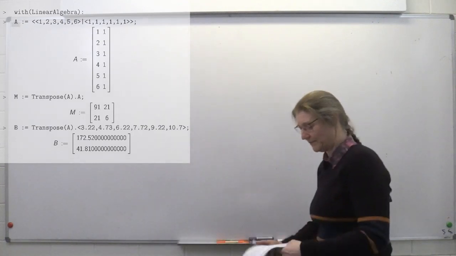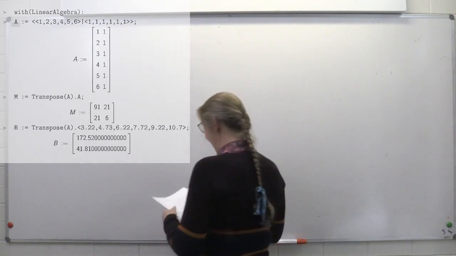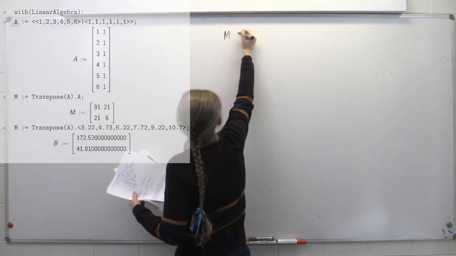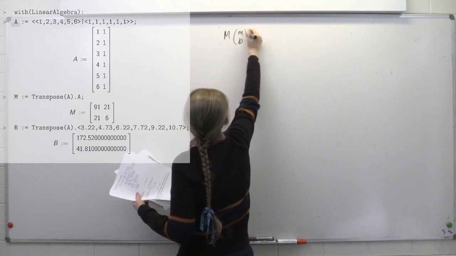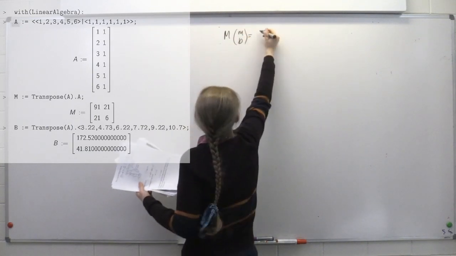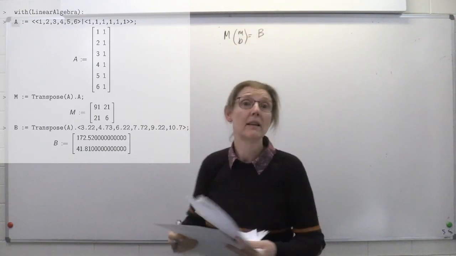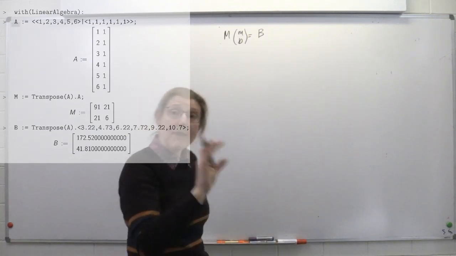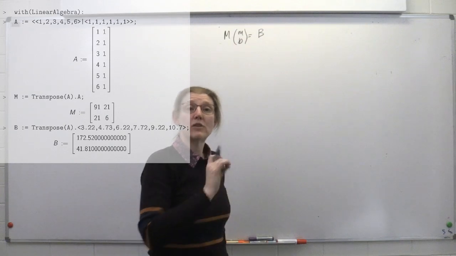It's a good point. Okay, so we have our matrix equation. It's M times our unknowns, M and B, is equal to capital B, using the letters from the Maple code. Now M is square. In fact, it's 2 by 2.